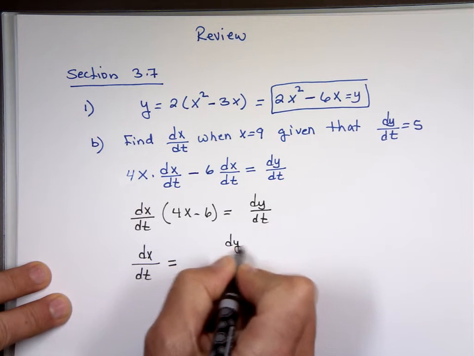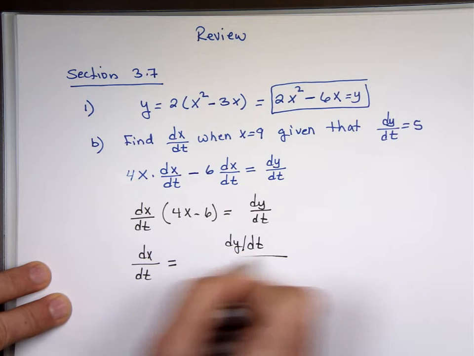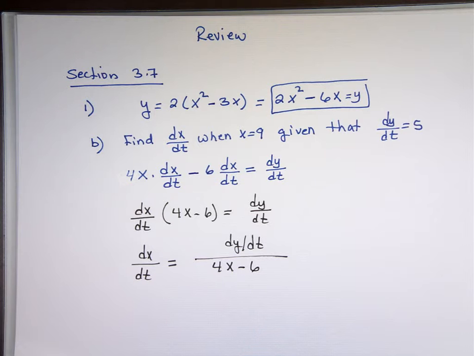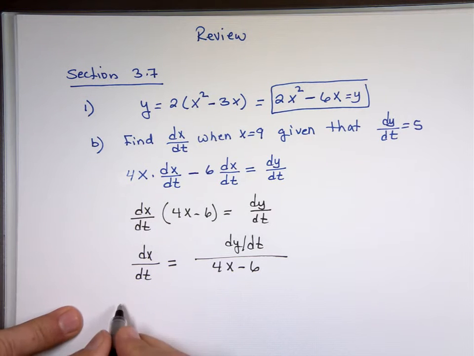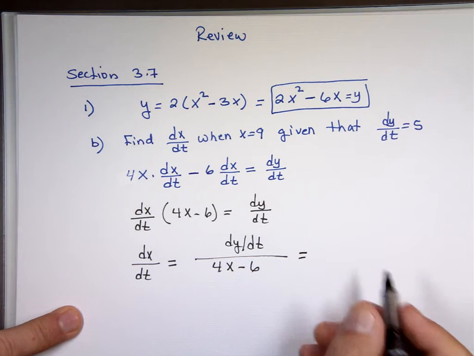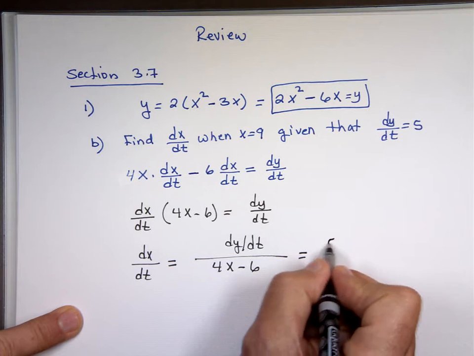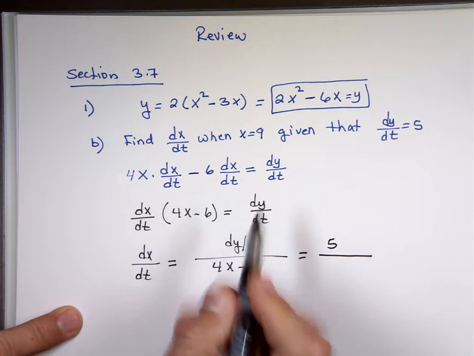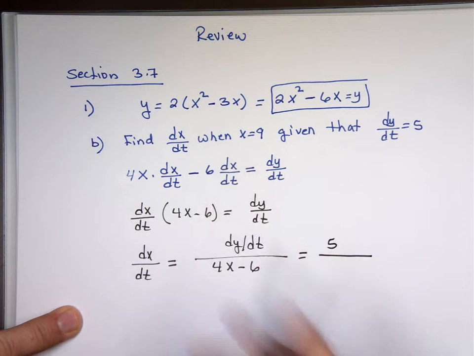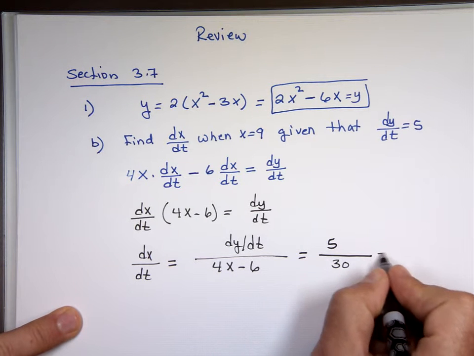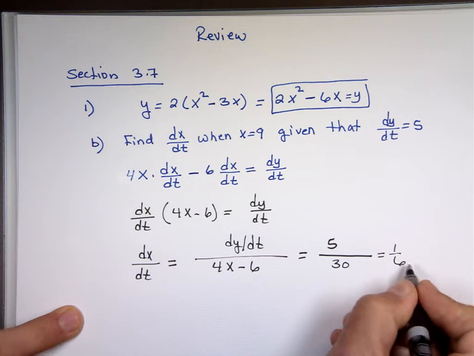It will be dy dt over 4x minus 6. Now let's plug in the numbers. So dy dt is 5. X is 9. What is 4 times 9? 36 minus 6? 30. 5 over 30, which is what? 1/6.